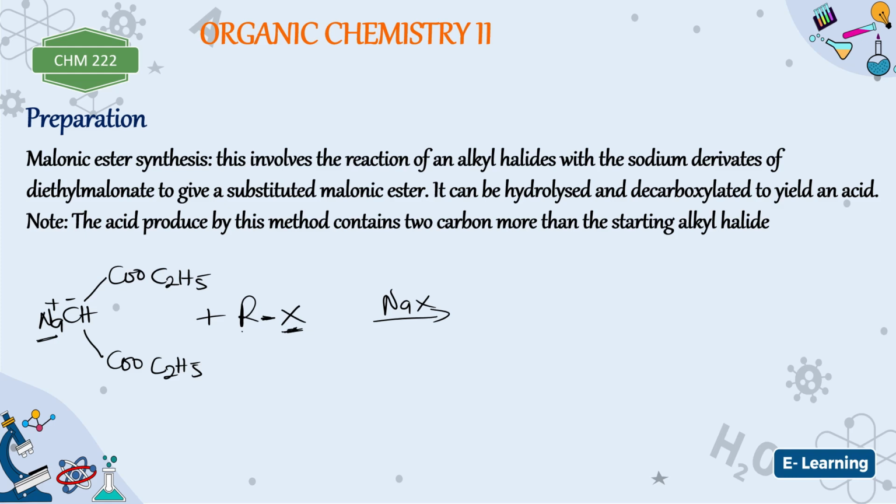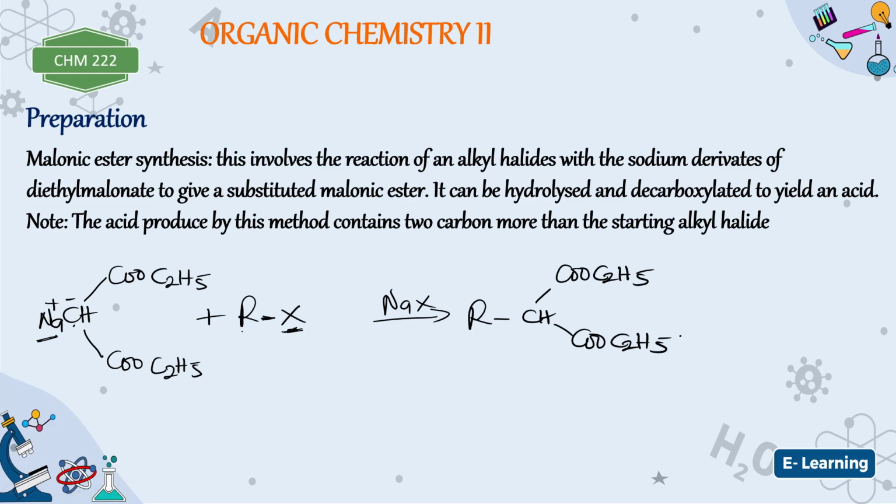Then this R will come to this position, so that at the end of the day you now have R, CH, COOC2H5, COOC2H5. Are you getting it now? This one is called sodium ethyl malonate.